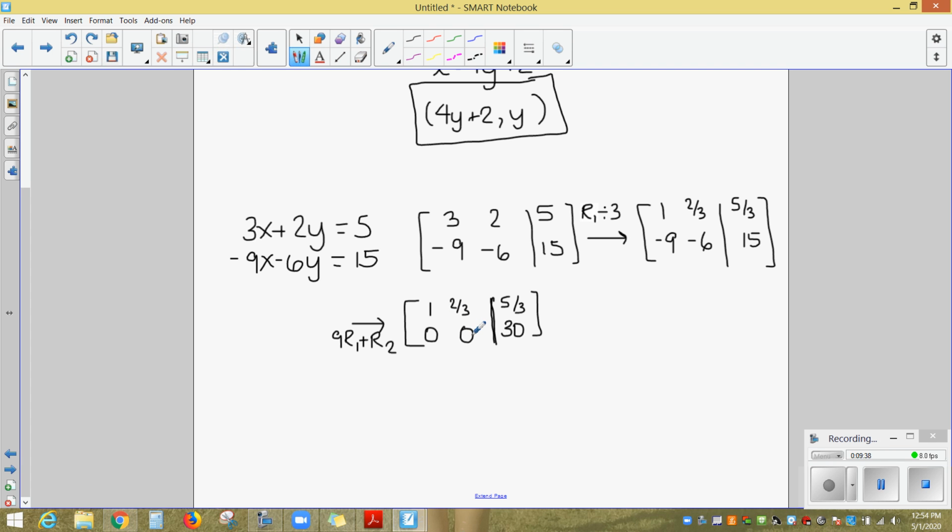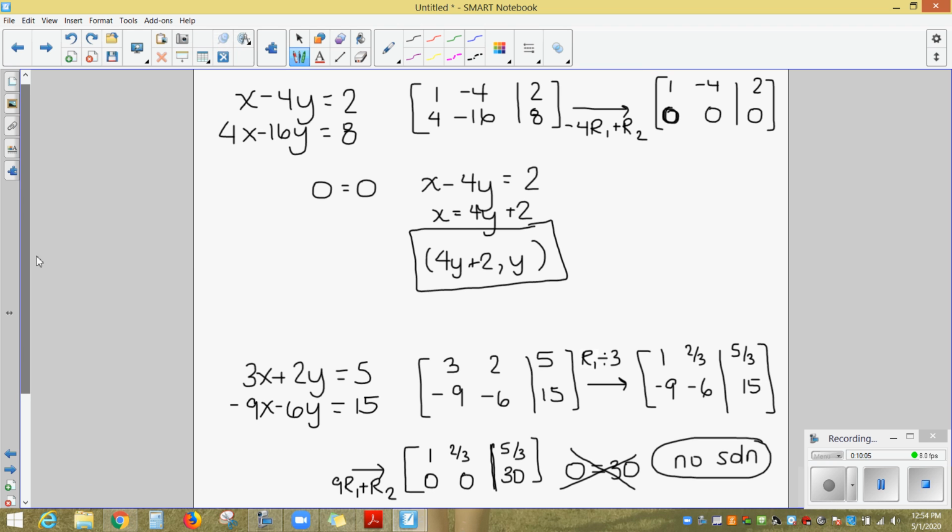I can't fix that, so I have to stop by looking at what the other side says. Okay, that second row says 0 equals 30, which is not a true statement, no matter what. So who cares about the top row at this point? I can stop right there and say this system is inconsistent, or I can say that there's no solution to that system.